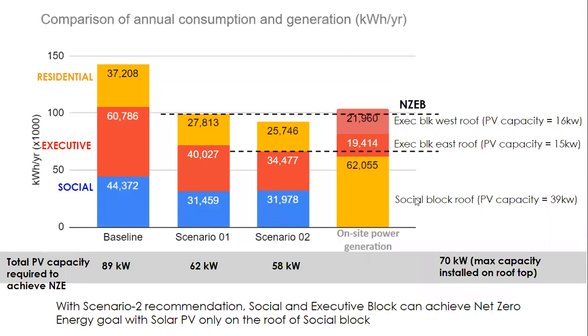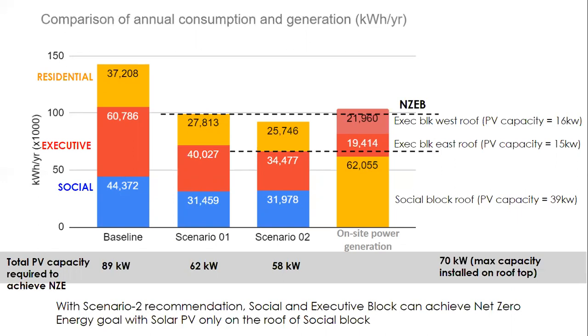But if you only have PV on one building, which is a social block, which is what the client wanted, then one of the buildings can be completely net zero, the energy can be offset, but the other building, which is shown by the red block, executive, nearly zero, but the residential block cannot be offset. So here are different scenarios on what could be achieved with the different design recommendations that we showed them.